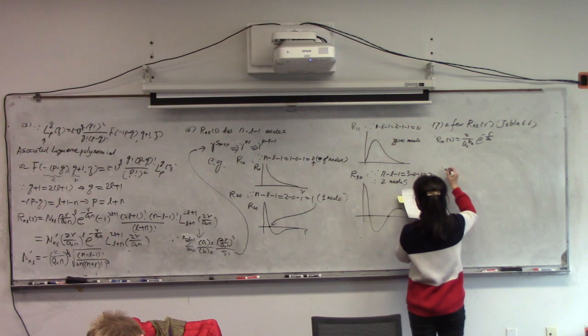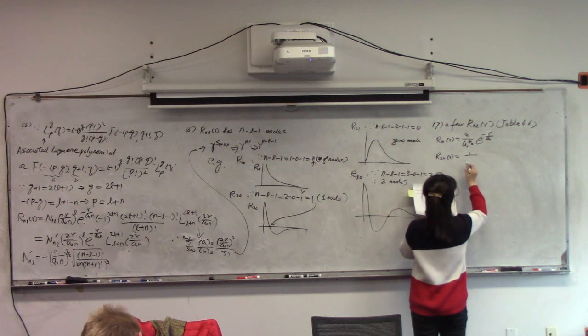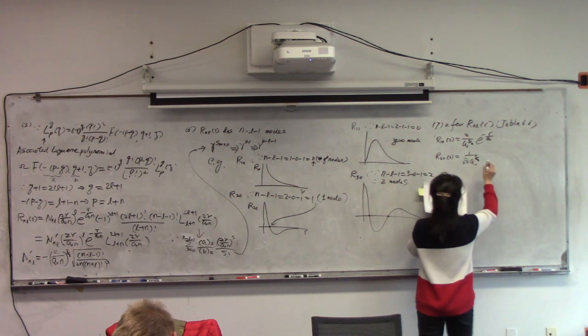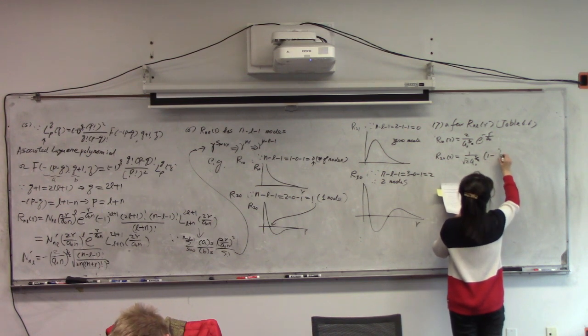That is one case. Then R20 is 1 over square root of 2, a naught to the 3 over 2, and then we have this r-dependent term.